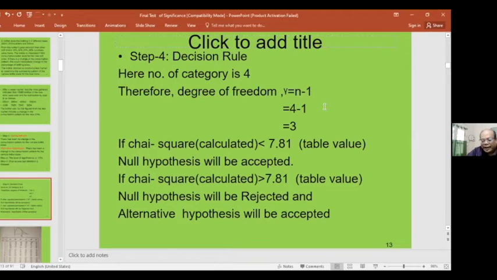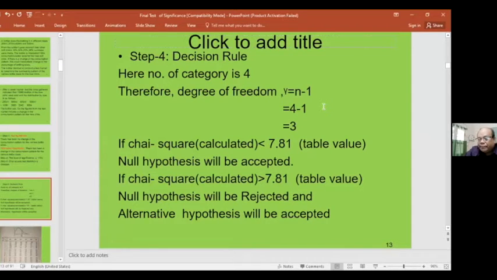If you assign x1 value, x2 value, x3 value, automatically the x4 value you can get. x4 equals 100 minus x1 value minus x2 value minus x3 value. When you have four values of a variable, you can assign freely to three of them. The remaining one can be calculated from the condition that x1 plus x2 plus x3 plus x4 equals 100.